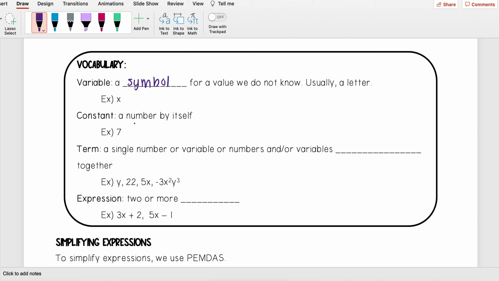A constant is just a number by itself, for example 7 or 152, so it's just a number. A term, however, is a single number or variable, so x is a term, 7 is a term, or it's numbers and or variables multiplied together.